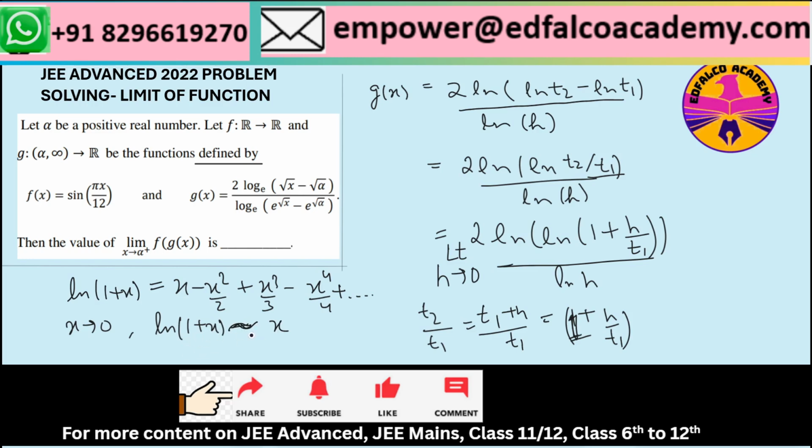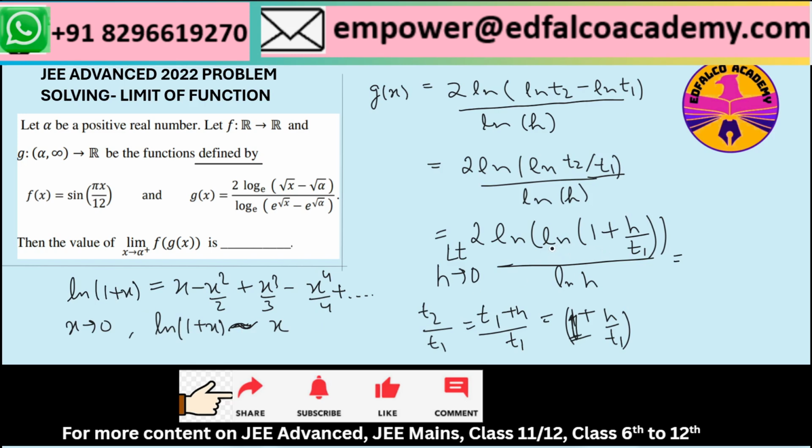So I will use this analogy over here to further reduce it. So I am getting here 2 ln of 1 plus h by t1. Since this h by t1 is approaching 0, by this logic, as x is approaching 0, the ln of 1 plus x is becoming almost equal to x.